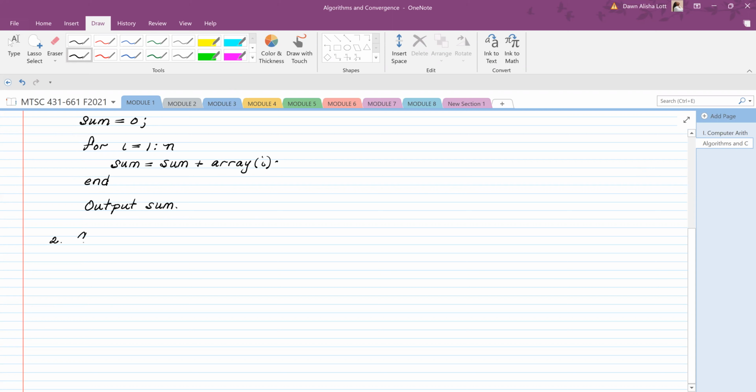So let's consider the nth Taylor polynomial for the sine of x. Actually, let's do, which one is even? Cosine is even.